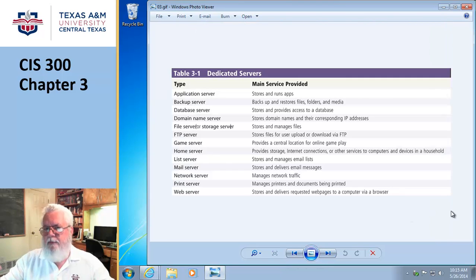Let's talk about the types of servers that are out there. I was in a corporate environment, and we had lots and lots of physical servers that served specific tasks. We had an application server. Its sole life in the world was to provide an opportunity for our line of business applications to run. We had a database server. Its sole purpose in life was just to run, in our case, Microsoft SQL Server, and we had a gazillion databases.